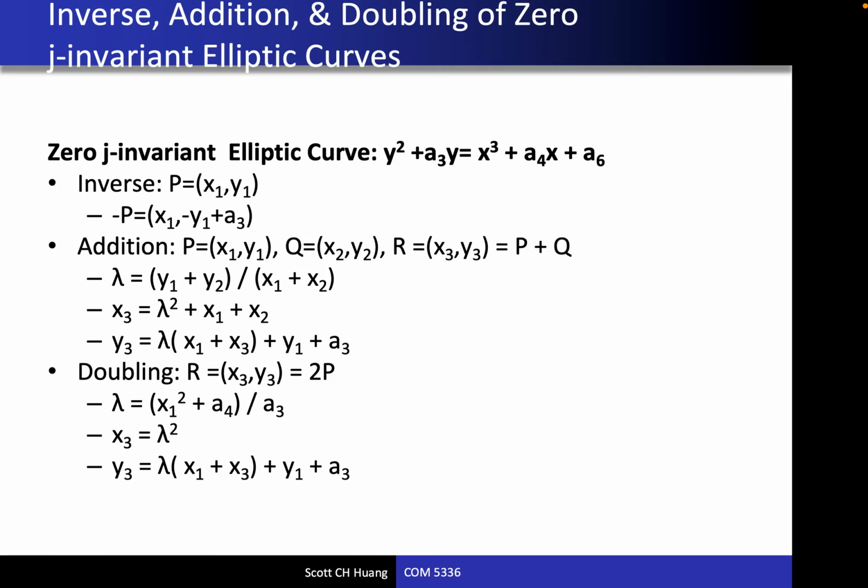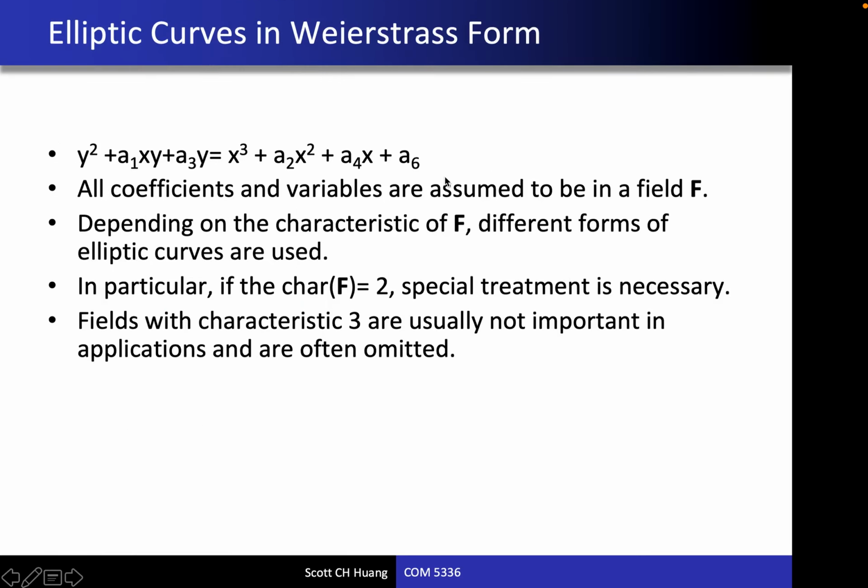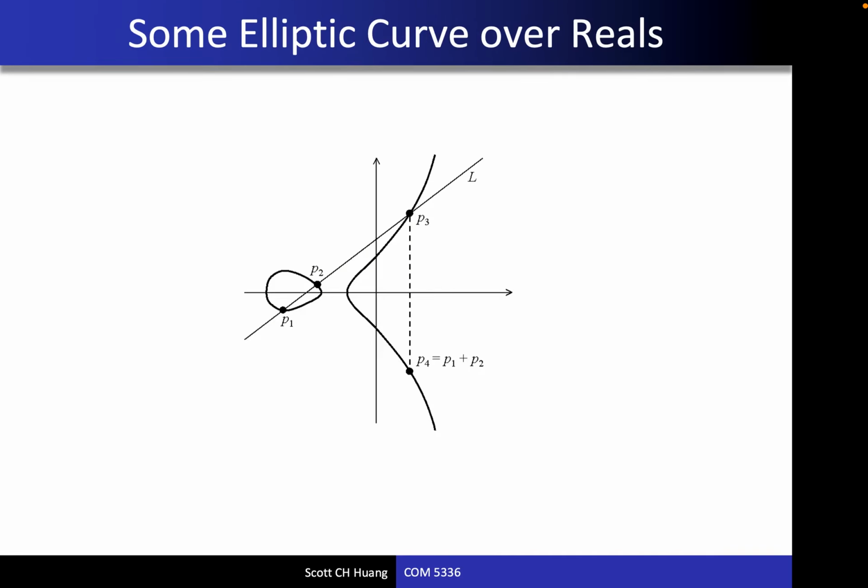For zero J invariant, what you do is pretty easy to understand. It's like your elliptic curve has been translated vertically.